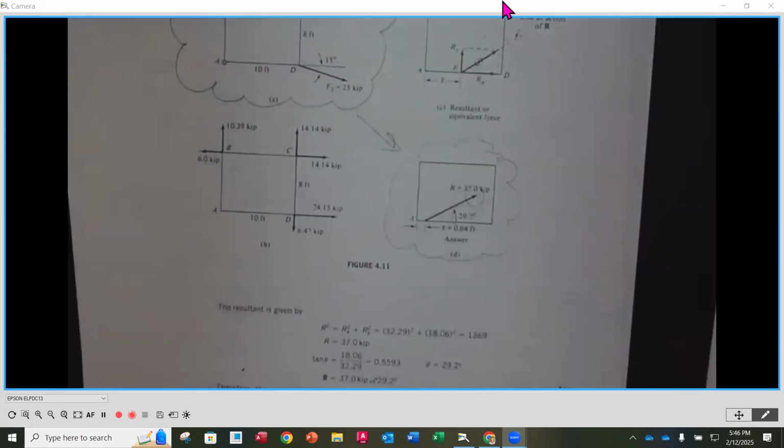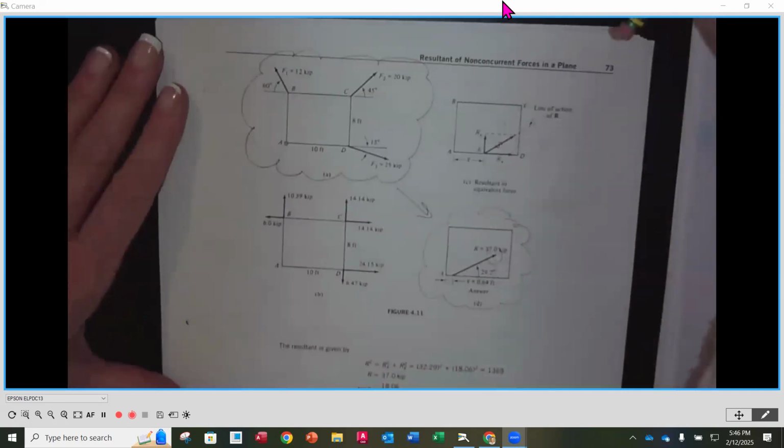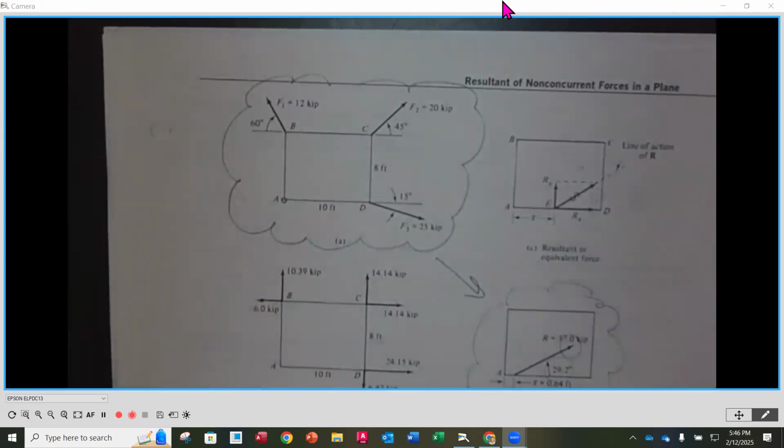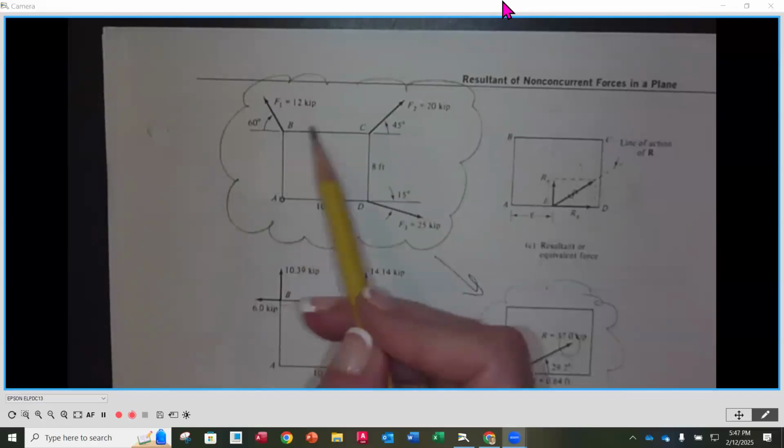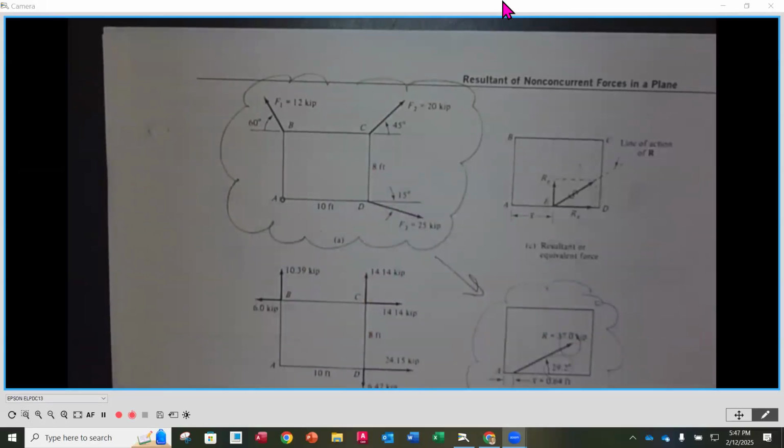So I'm going to start by looking at our illustration here. Number one, we are going to be drawing our free body diagram and adding our convention to the start of our problem. As you can see here, we've got three forces, one on each of the corners going around, and each one of those forces is at an angle other than vertical or horizontal.